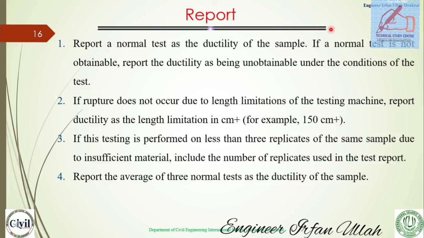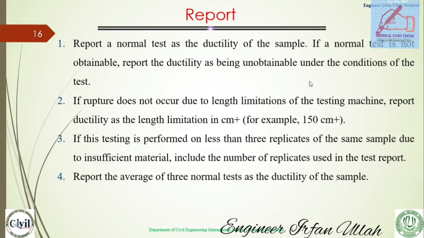And how to report the test: report a normal test as the ductility of the sample. If rupture does not occur due to the length limitation of the testing machine, report ductility as the length limitation in centimeters.